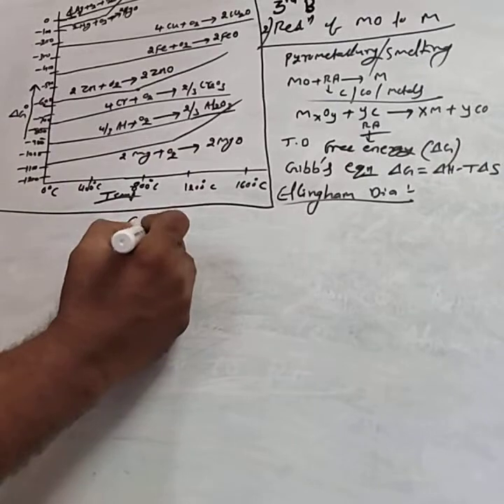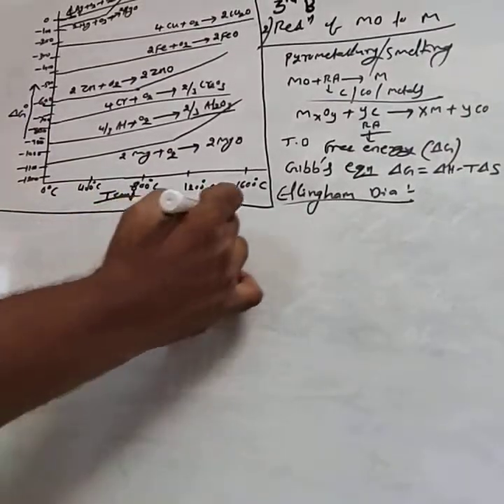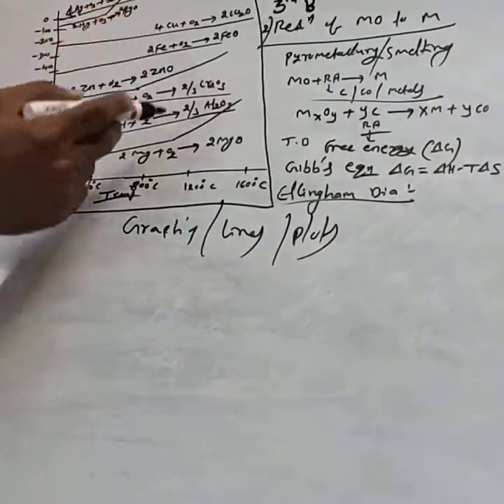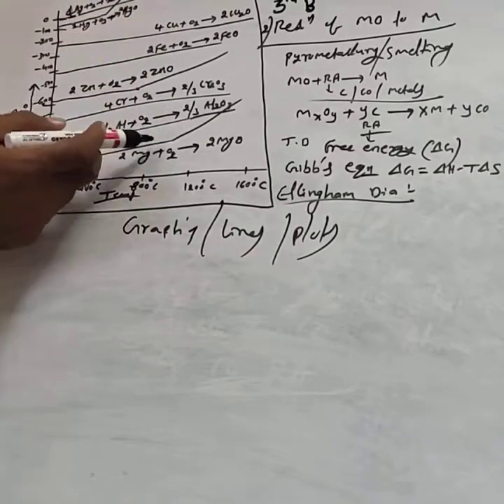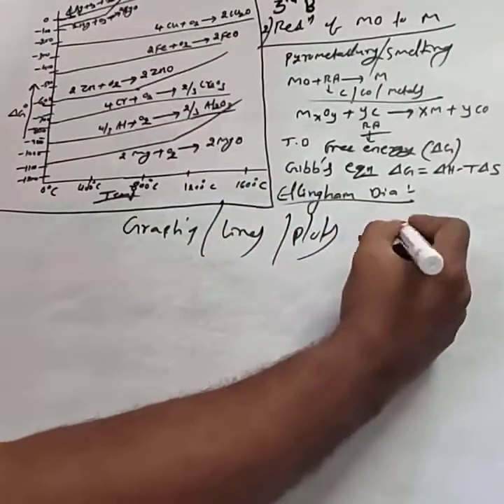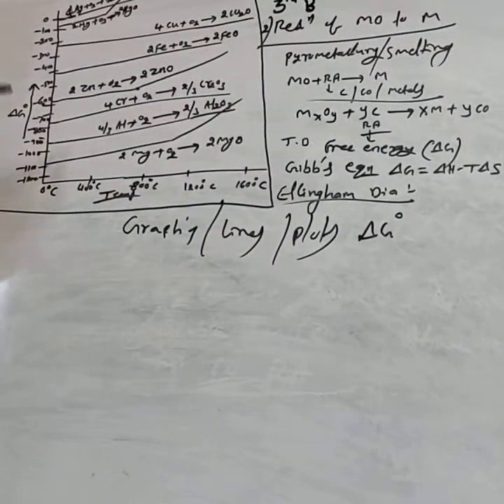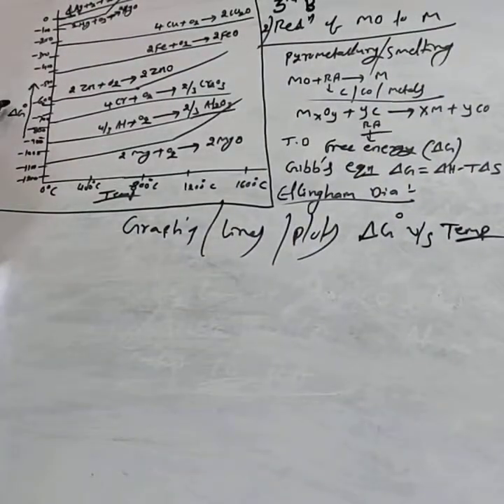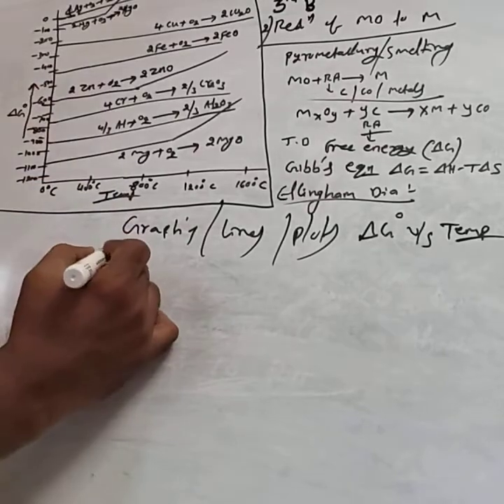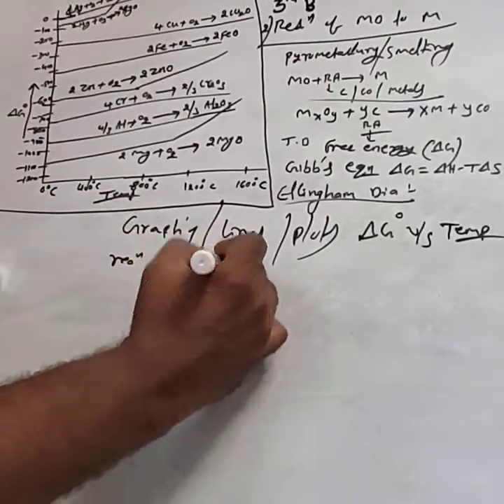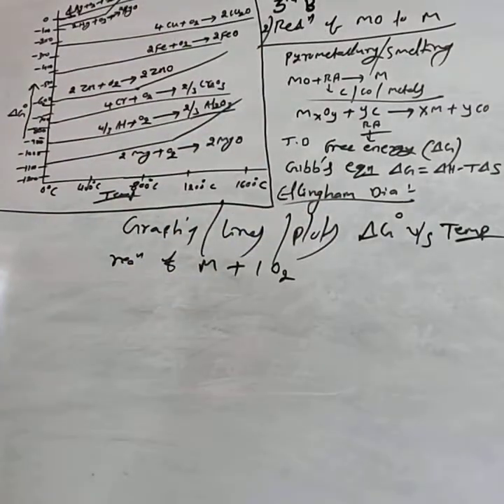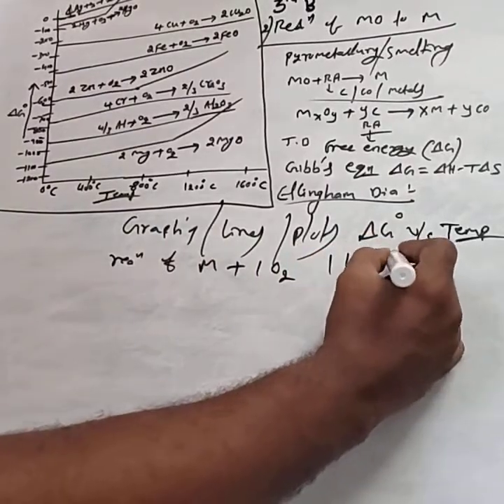These are the graphs or lines or plots obtained when delta G naught, the standard free energy change, is plotted against temperature for the reaction of metal with 1 mole of oxygen at 1 bar pressure.